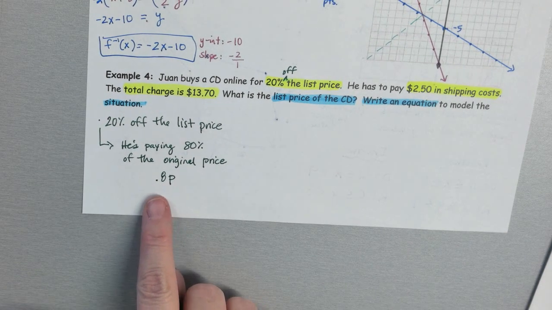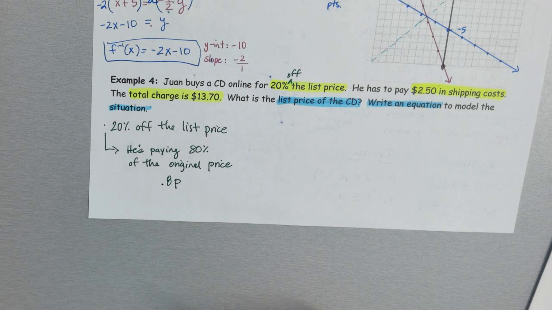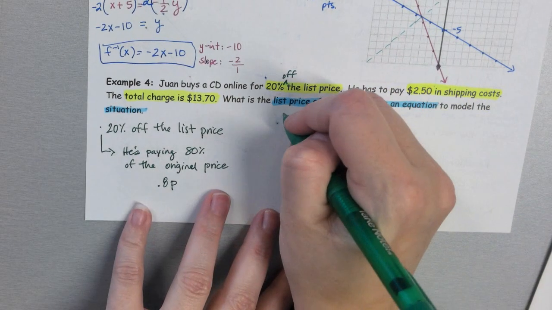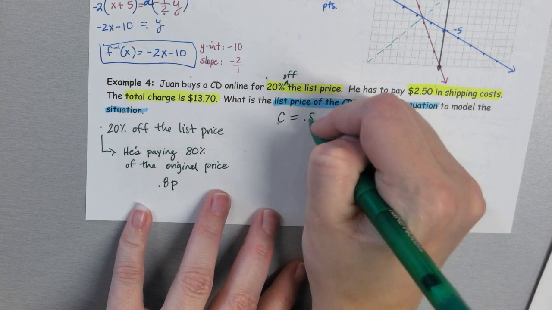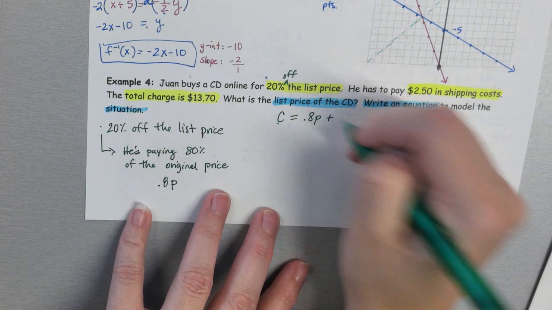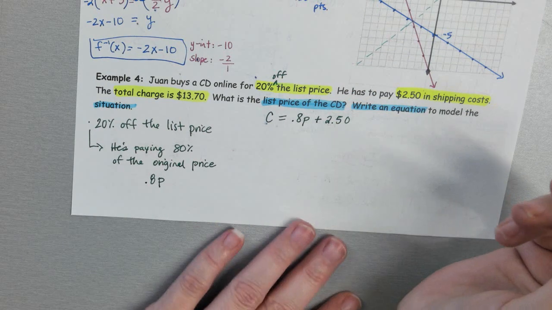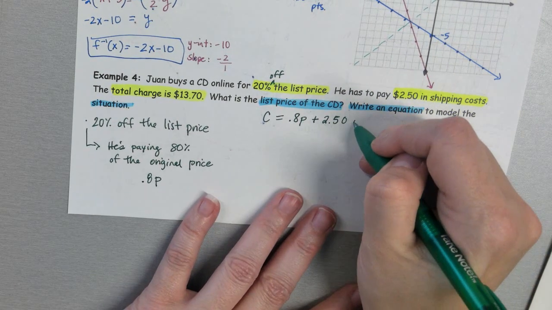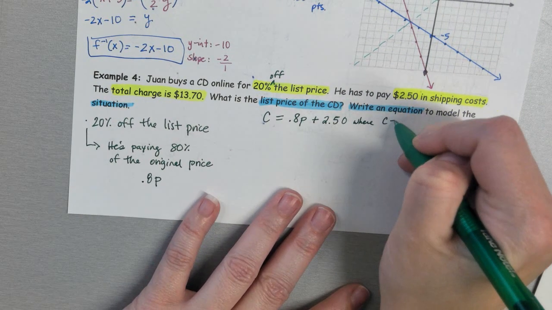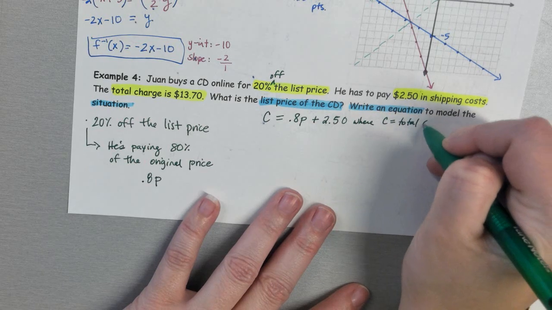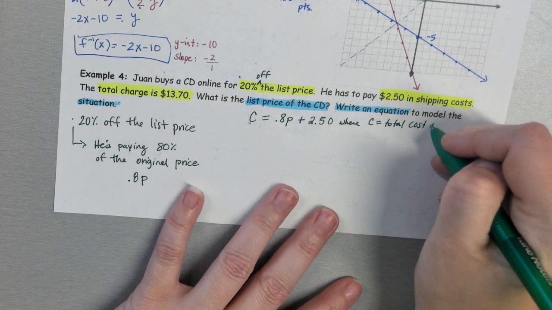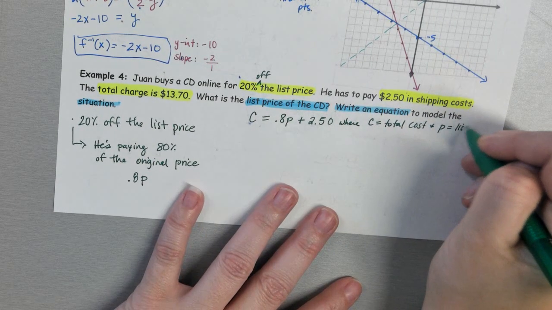So we're going to be using that in our equation. Let's make C the total cost. So the total cost is the 80% of the list price plus what he has to pay for shipping, which is $2.50. And this is where C is the total cost, and P equals the list price.